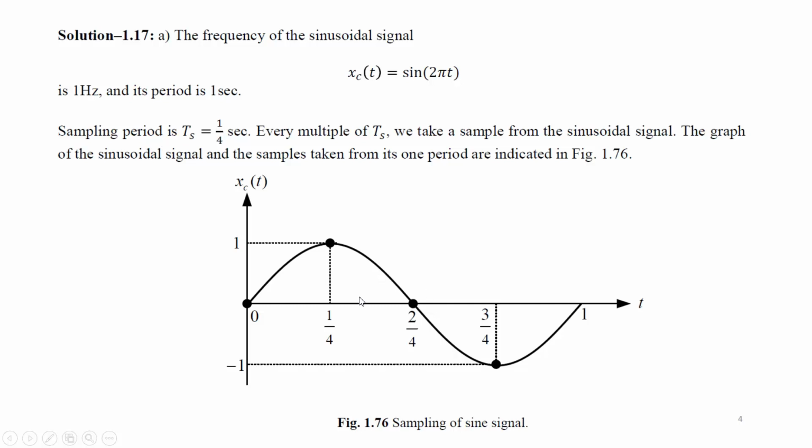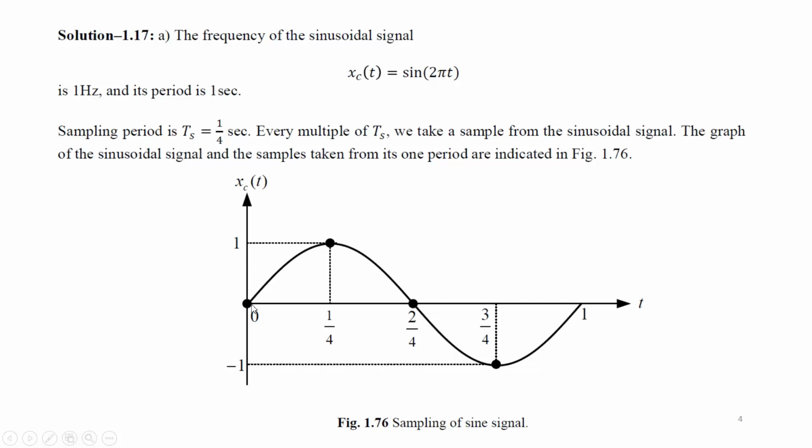So if you look at the graph going from the origin to this point, this is 1 second. Within 1 second, only one cycle is there since the frequency is 1, and we will take 4 samples at a sampling period of 1 by 4 second. We take the first sample here, second sample here, third here, and the fourth sample here. The next sample will come for the next cycle.